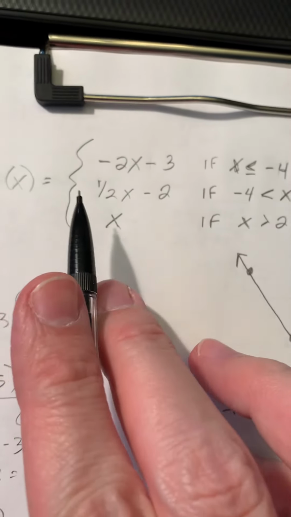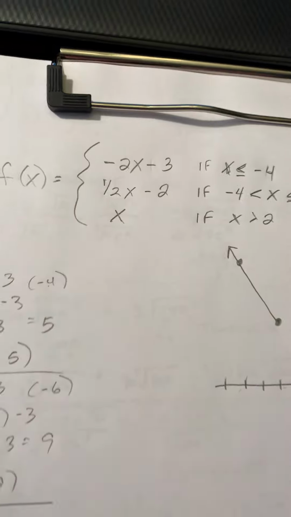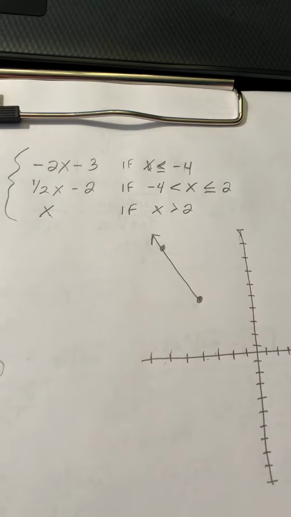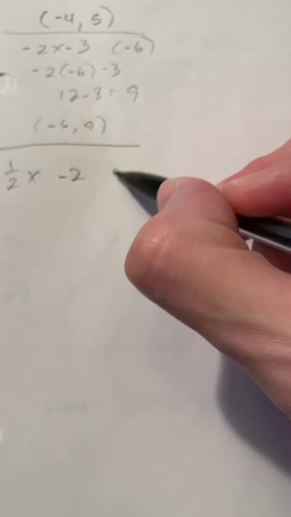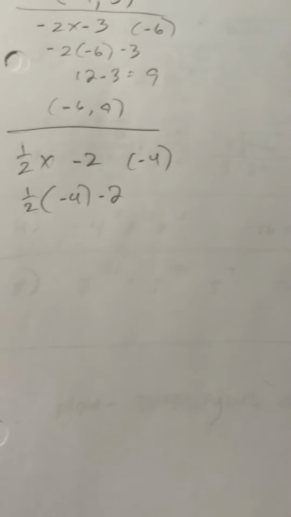The next piece says use the equation half x minus 2. So I'm going to write down 1 half x minus 2. It gave me a domain that goes from negative 4 to 2. So I'm going to use negative 4 as my first input. So 1 half times negative 4 minus 2.